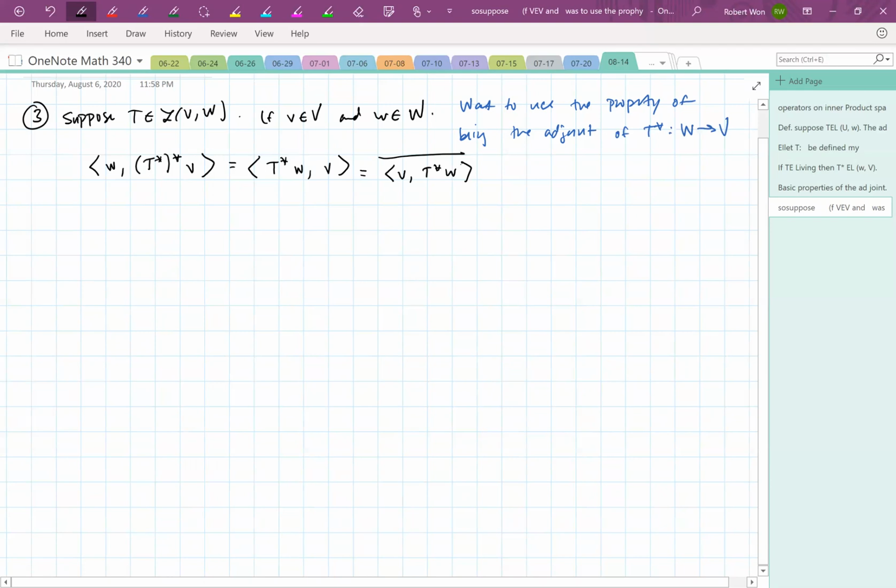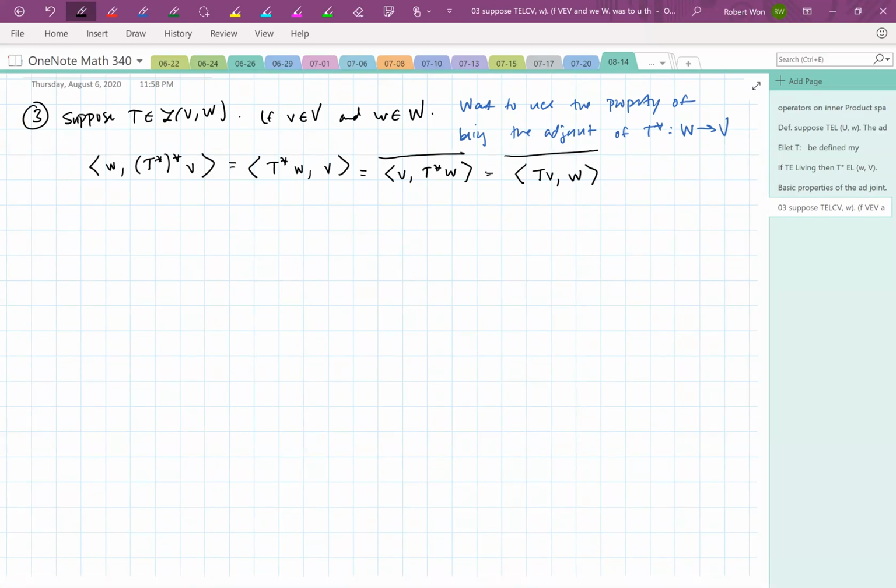Okay, now this T star is in the second slot of my inner product, which means I can use the property of it being the adjoint to T to say that this is the same thing as this, of course, with the complex conjugate taken. But now the inner product has conjugate symmetry, which means I can flip the inner product by taking a complex conjugate.